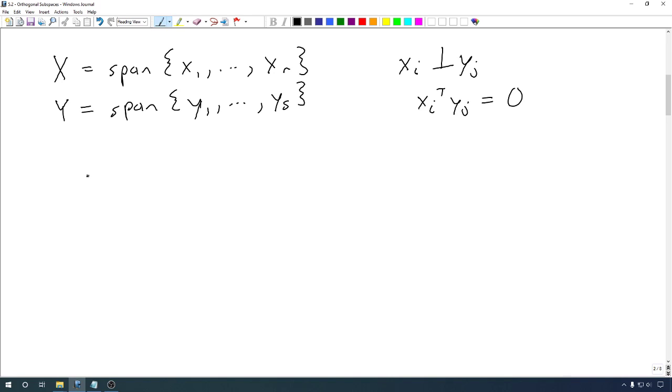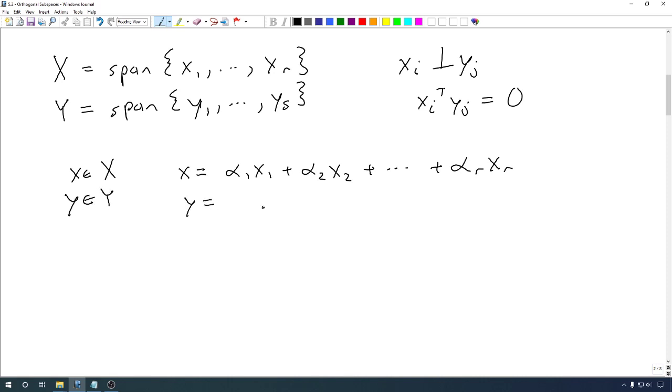That's because if we pick any other vector, let's say a little x in X, so x is, say, alpha 1 x1, alpha 2 x2, through alpha r xr, and we take a little y in Y, so y is going to be, say, beta 1 y1, beta 2 y2, and here we have beta s ys.